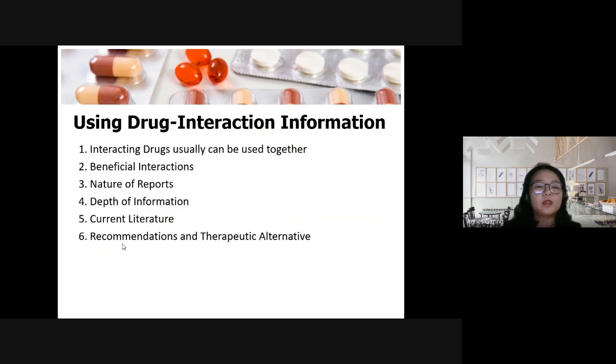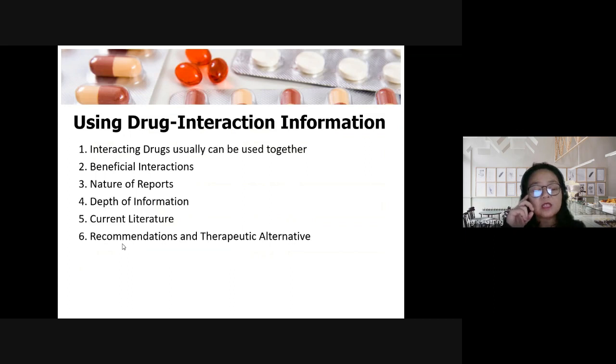Okay? And then, we have to know the nature of reports of the different drug interactions, the depth of information, okay? Current literature, kaya nga for us pharmacists, di ba, lifelong learner talaga dapat tayo. And then recommendations and therapeutic alternative.